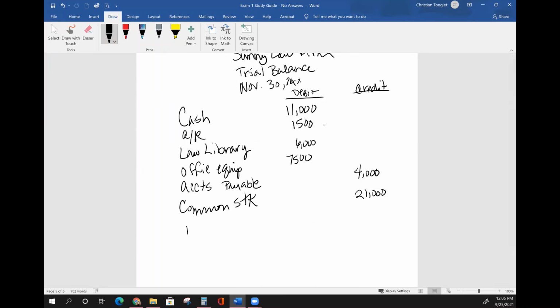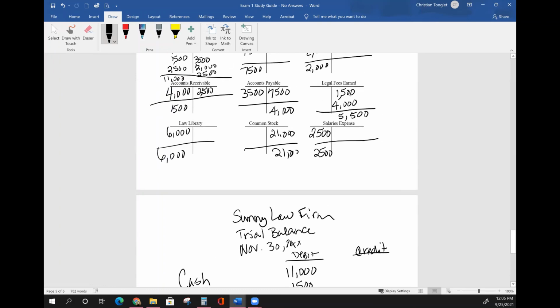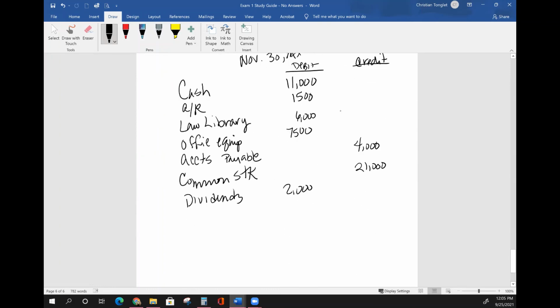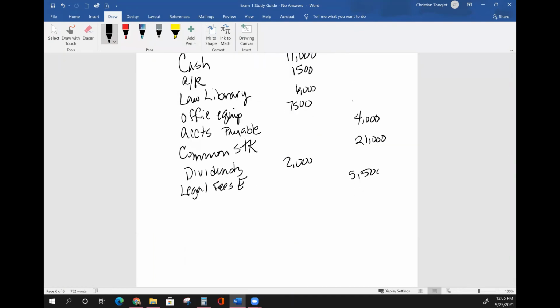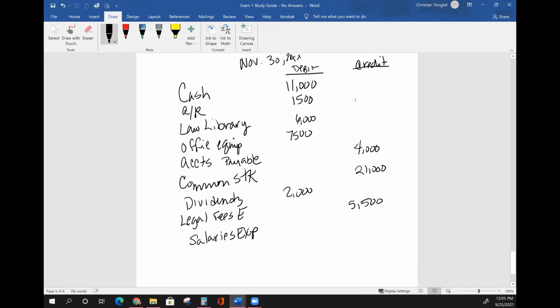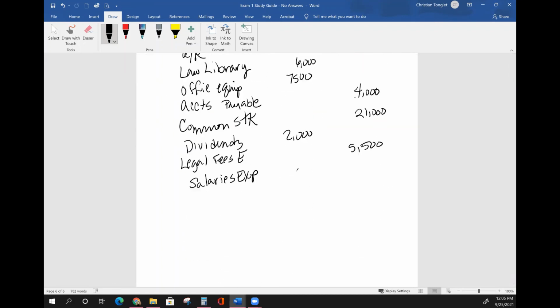Dividends, 2,000. Legal fees earned, that's 5,500. Salaries expense, 2,500. Okay, that's all the accounts.